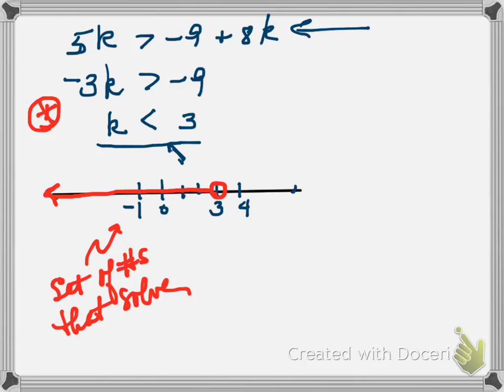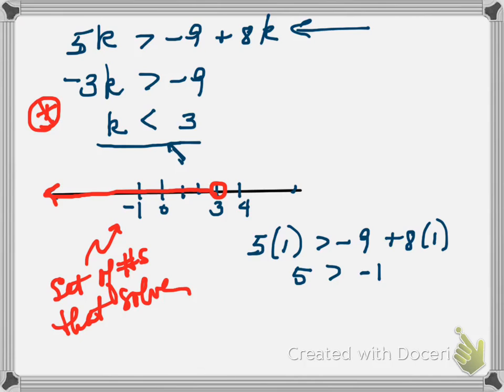So plugging into the original, you're going to have 5 times 1 is greater than negative 9 plus 8 times 1. So 5 is greater than negative 9 plus 8, which is negative 1. This is a true statement. So 1 is in fact a solution.